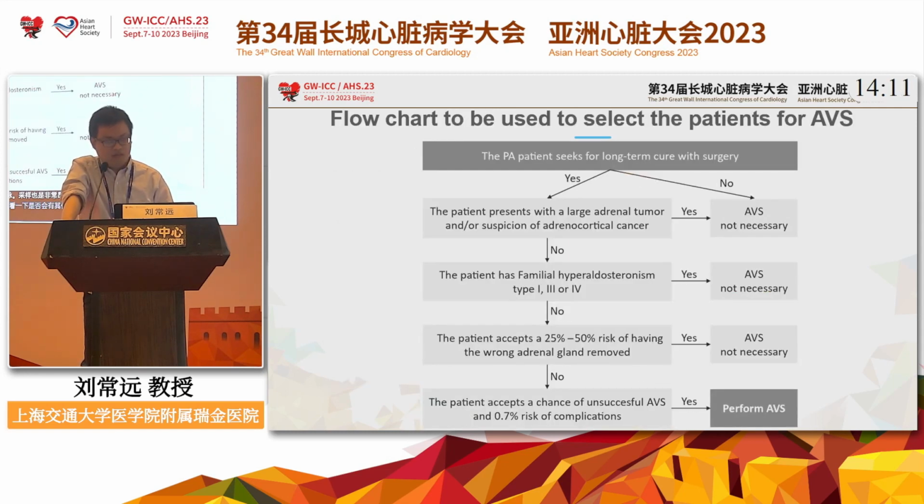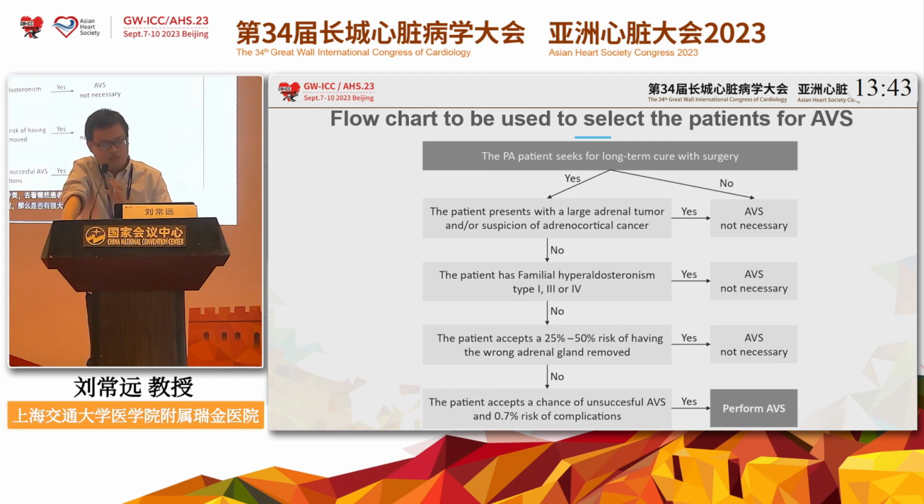This slide shows the flowchart to be used to select a patient for AVS. We should know which patient should do the AVS. First, the patient should seek long-term care with surgery. If yes, we should know whether the patient presents with a large adrenal tumor and/or suspicion of adrenal cortical cancer.